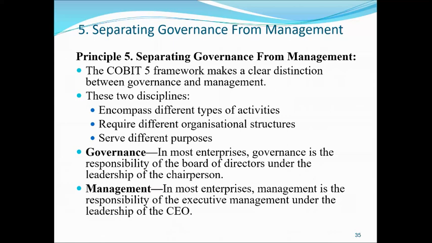Governance: in most enterprises, governance is the responsibility of the board of directors under the leadership of the chairperson. Management: in most enterprises, management is the responsibility of the executive management under the leadership of the CEO.